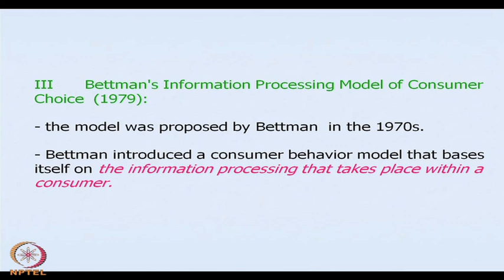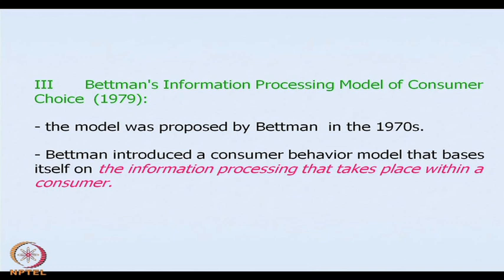The consumer receives information from the environment externally, from the market, about the marketer, about the competitor, about the environment. In this way he relies on external sources of information and gathers a lot of information externally. Now this information gets added to the body of knowledge already stored in his memory.